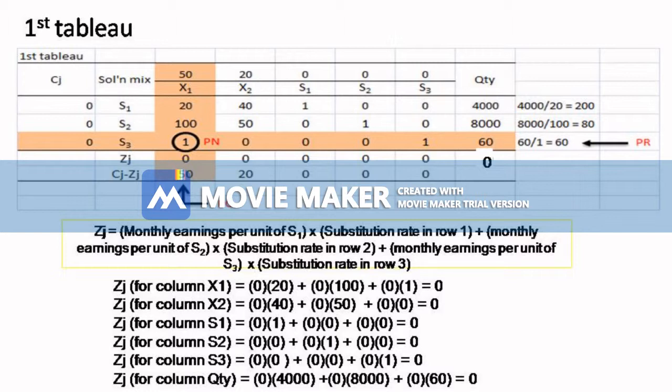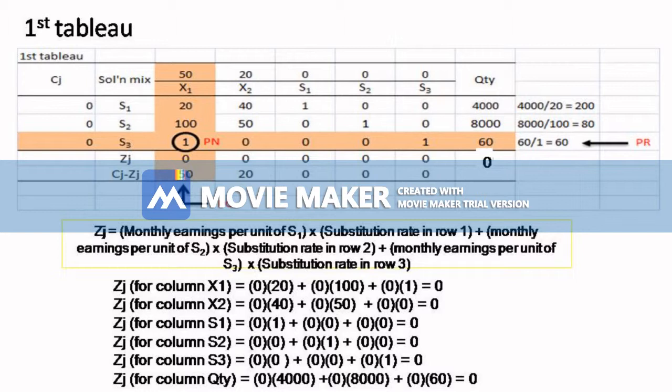So for example, in the ZJ for column X1, 0 times 20 plus 0 times 100 plus 0 times 1 equals 0, and the ZJ for column X2 equals 0 times 40 plus 0 times 50 plus 0 times 0 equals 0. And just continue the same process until the column for quantity.